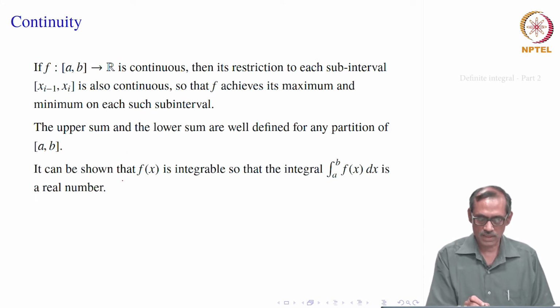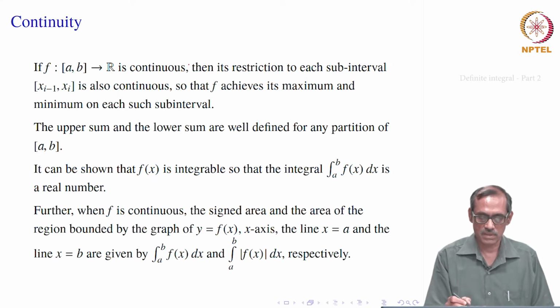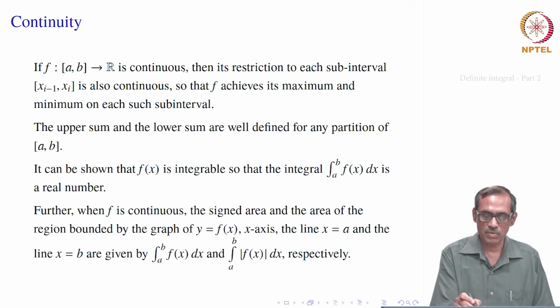So, what the result says is that if f is continuous, then the integral of f(x) is a real number; f is integrable. So, that is our result. What does it say? If f from [a, b] to R is continuous, then f(x) is integrable.